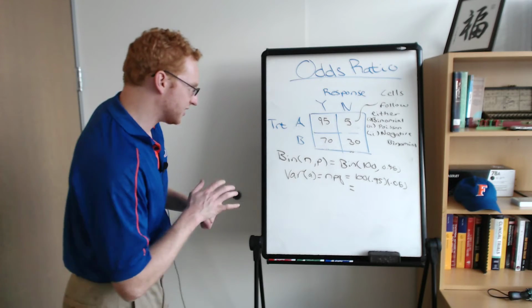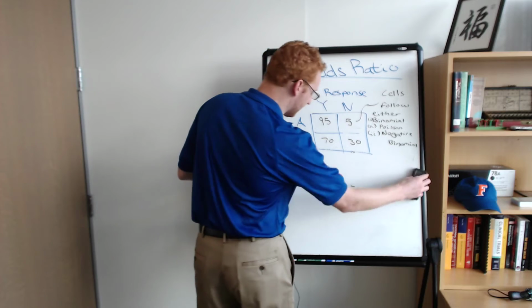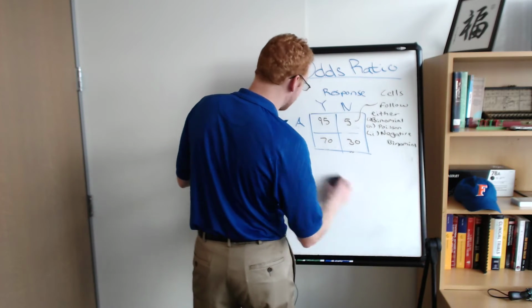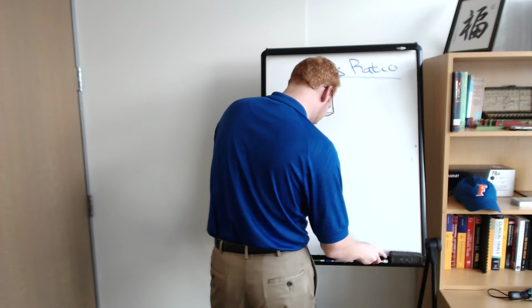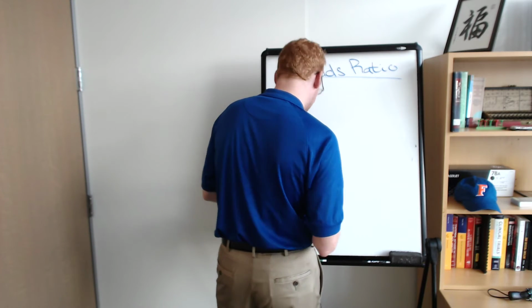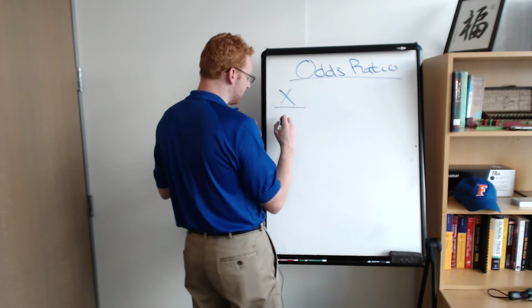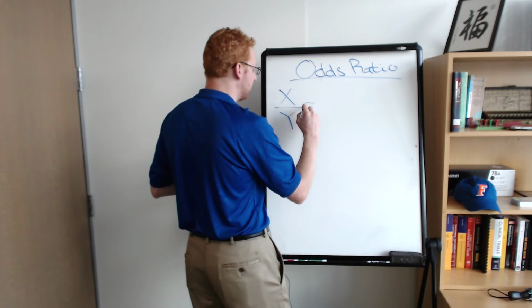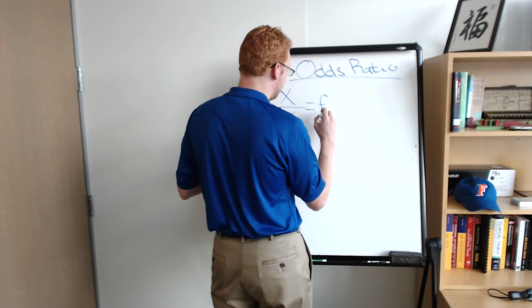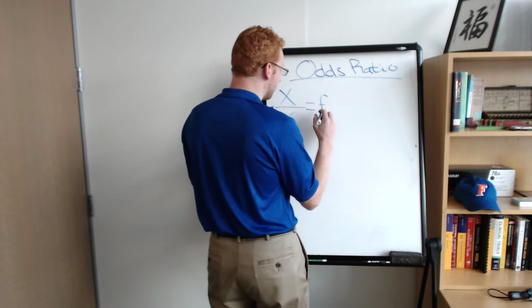Or you can use some asymptotically derived formulas. Going off topic to random variables, the algebra of random variables: if we have variable x that has some distribution divided by variable y, and we want to find out what that's equal to, let's look at the PDF formula.